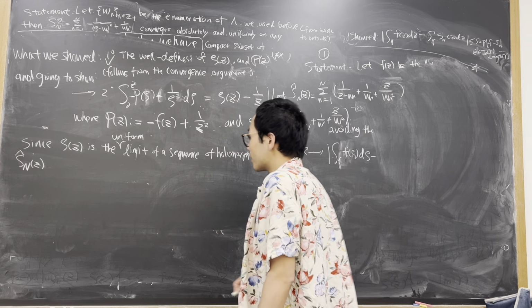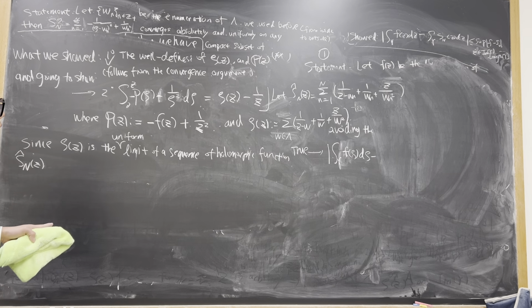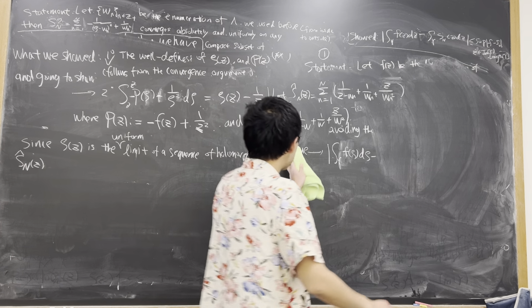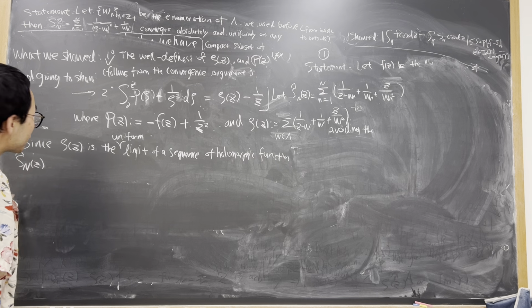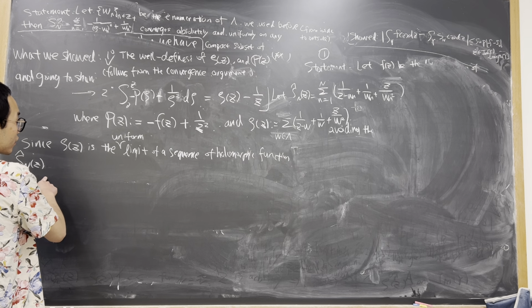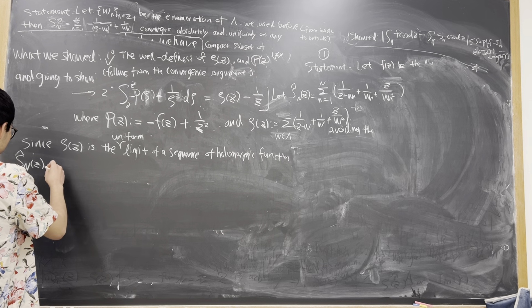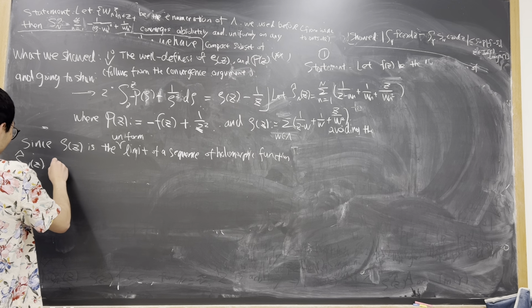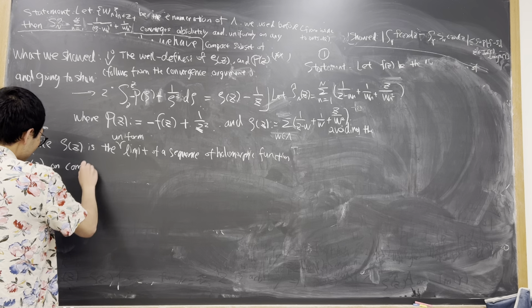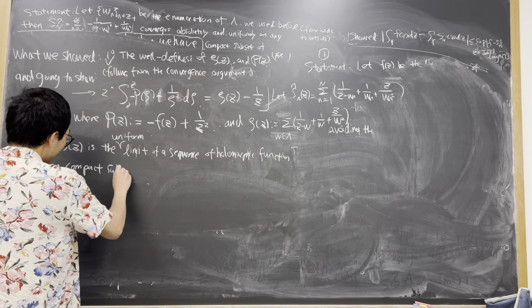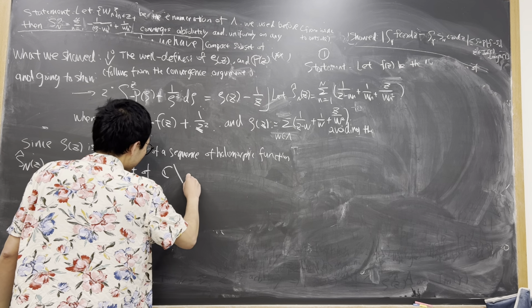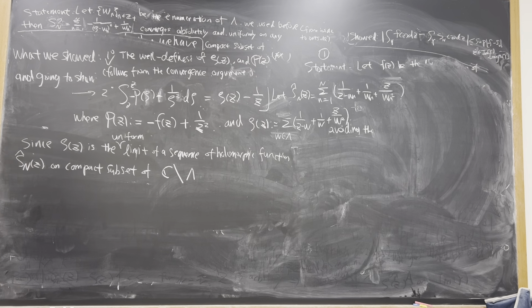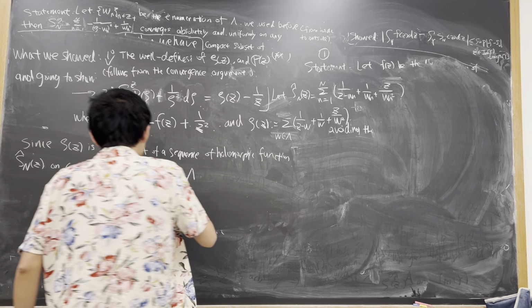Okay, and then here what we have is that it's a uniform limit of a sequence of polynomial functions S_n z on compact subsets of C minus the wedge, right? So we have shown that in the past.